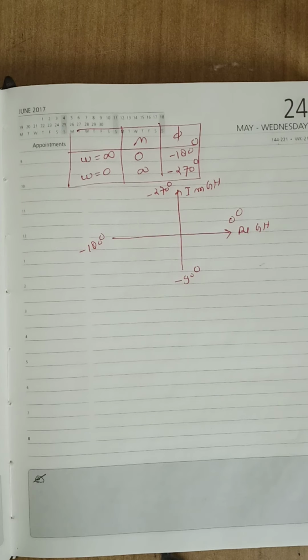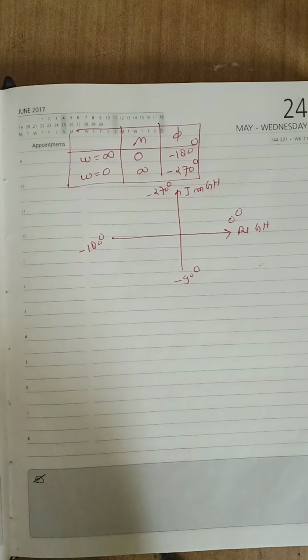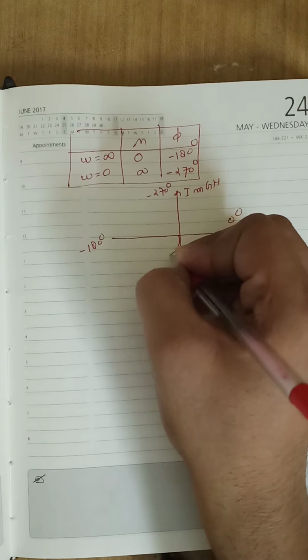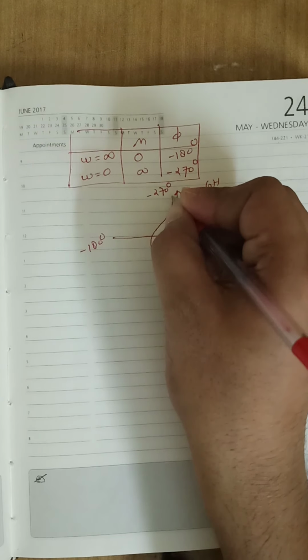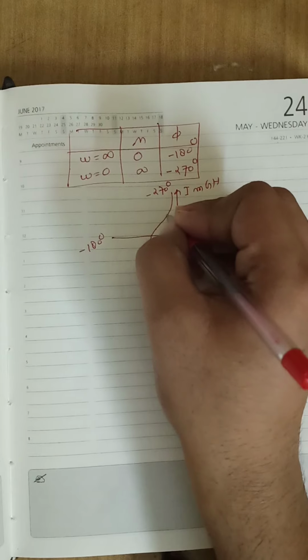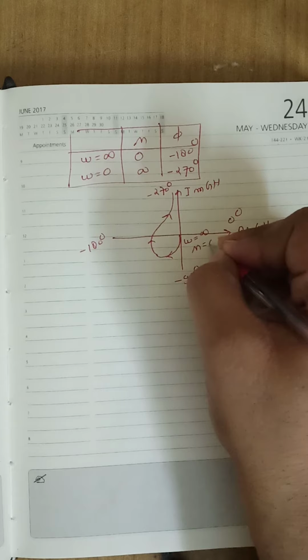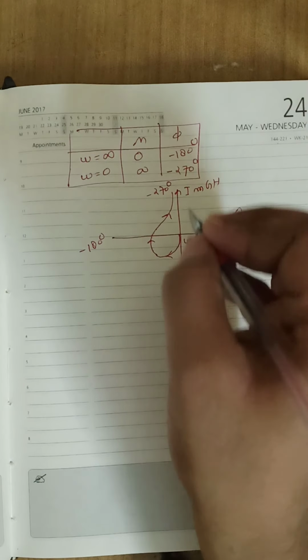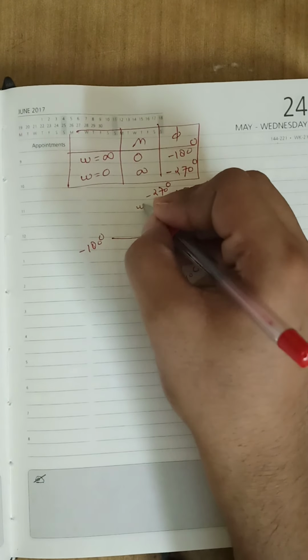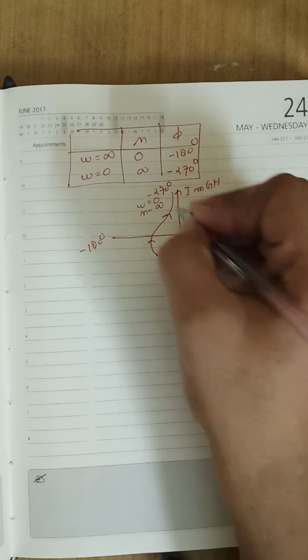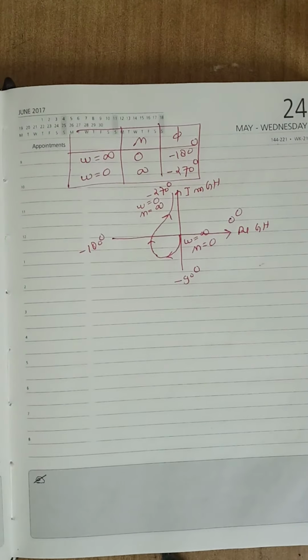So plot for the second is a mirror image for the first plot, or you can say first will define polar plot, second will define mirror image of the polar plot with the reverse direction. So we have diagram like this. Here we have omega infinity, magnitude 0, phase angle minus 180 degree. Here we have omega 0, magnitude infinity, phase angle minus 270 degree.